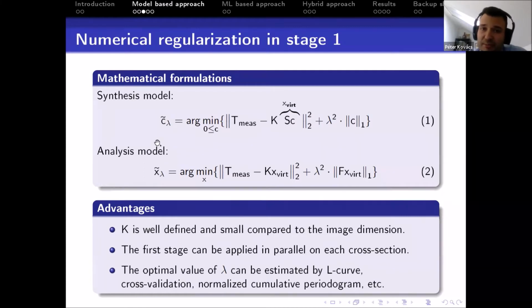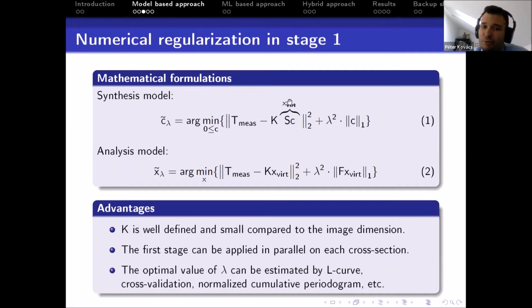The formulations come from image processing. In image processing, we can do sparse signal recovery by using a synthesis model or the analysis model approach. The two approaches differ from each other in the way they assume sparsity of the solution.